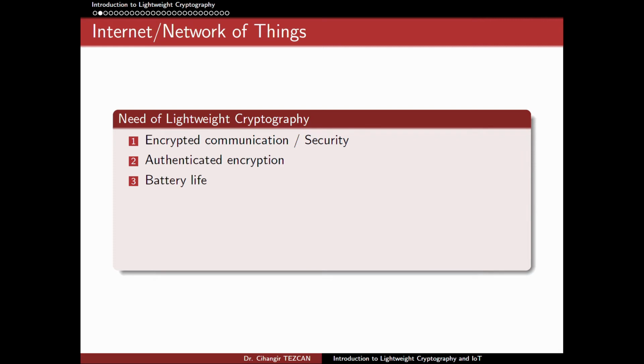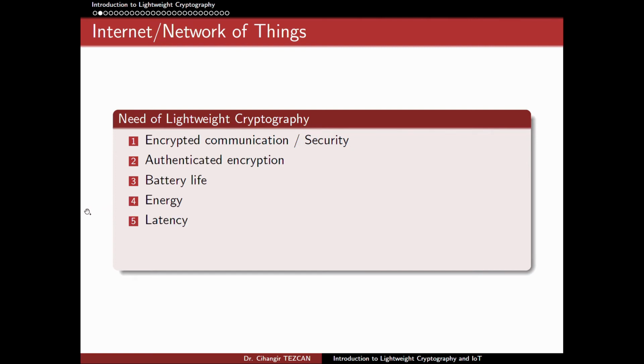So you need an algorithm so that your devices can have a longer battery life. We also need lightweight cryptography for energy, because most of these devices don't have much computational power, and they run on batteries, so some algorithms might not be suitable for these sensors.